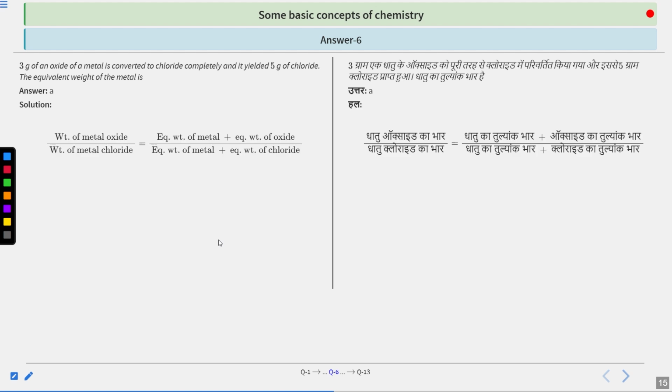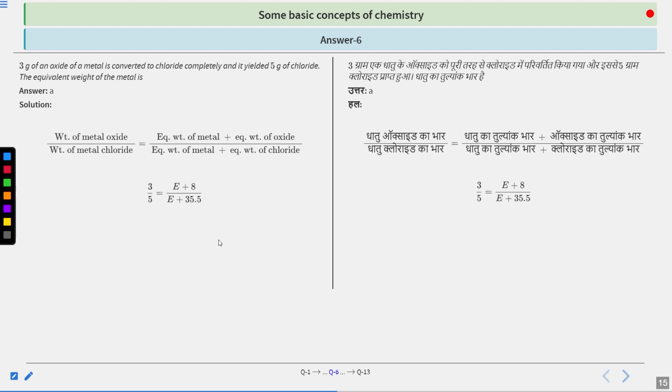Now weight of metal oxide by weight of metal chloride is equal to equivalent weight of metal plus equivalent weight of oxide, divided by equivalent weight of metal plus equivalent weight of chloride. So we know the weight of metal oxide is 3 and this is 5. How have we done this? Very simple. We know the formula: equivalent weight is equal to weight by n factor.